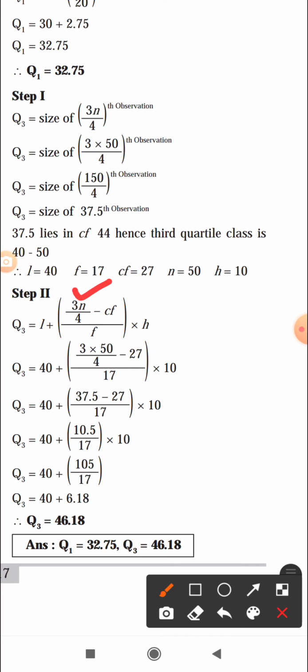CF means the CF of the class preceding the quartile class, that is 27. And F means frequency of the quartile class, that is 17, into bracket complete, into H, that is height, upper limit minus lower limit. So put the values in the formula.